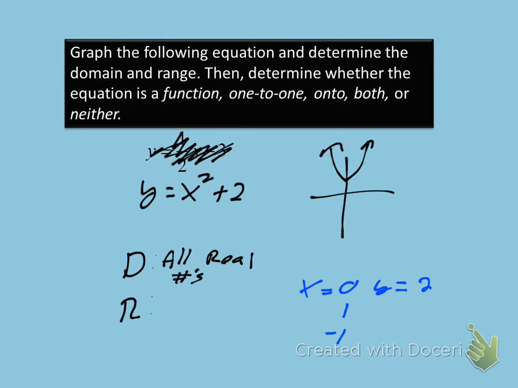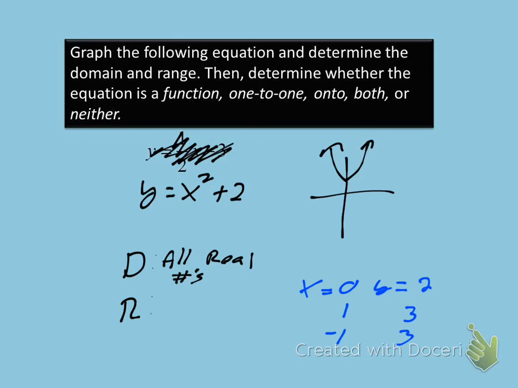Good. 0 squared is 0, 0 plus 2 is 2. When x was 1, you got what? 3. When x was -1, you got 3. Right? -1 times -1 is +1, and 1 plus 2 is still 3.